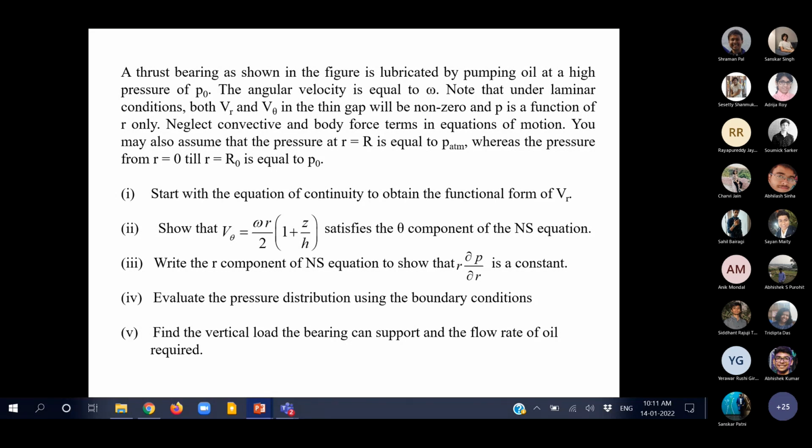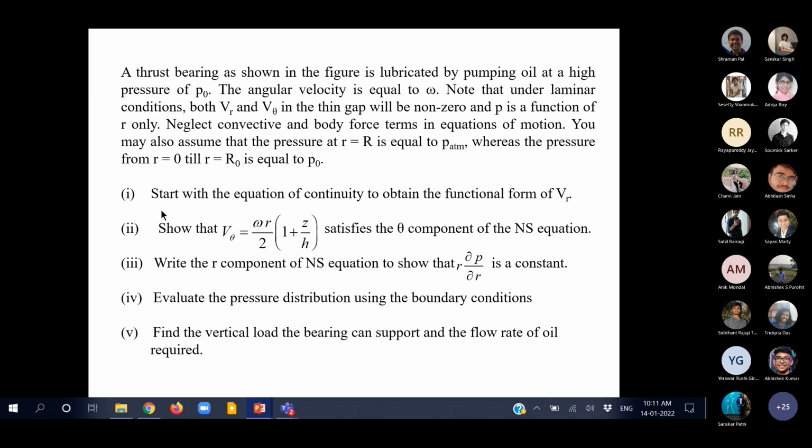When the system size becomes very small, of the order of hundreds of microns only, then the body force has no role to play, whereas surface forces will predominate. So that's why I could safely keep the body force terms out of the equations of motion, as the gap between the two disks is quite small. And for slow flow, I can always drop the convective term.